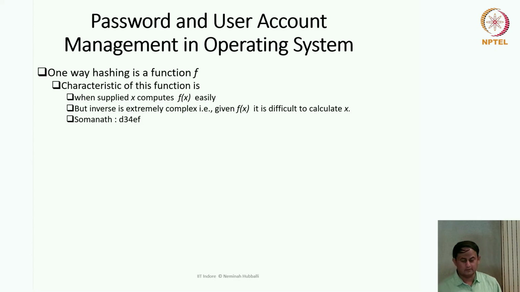Most of the operating systems, in fact all the authentications that use usernames and passwords, use a method called a hashing function. The hashing function, let's call that function f, has some interesting characteristics.